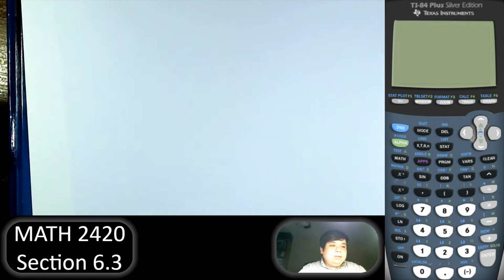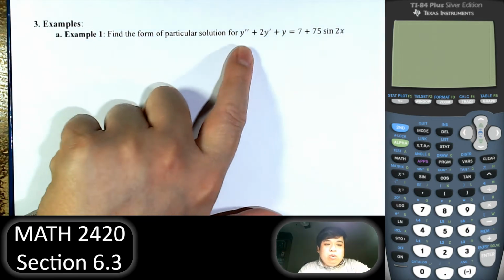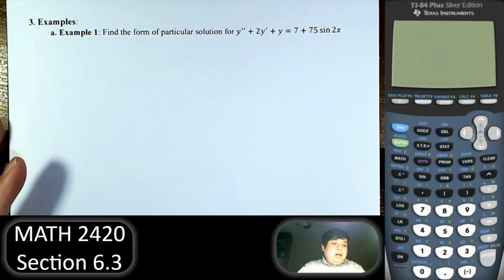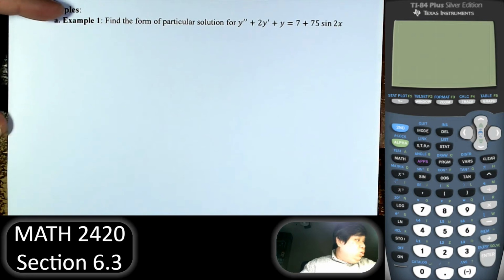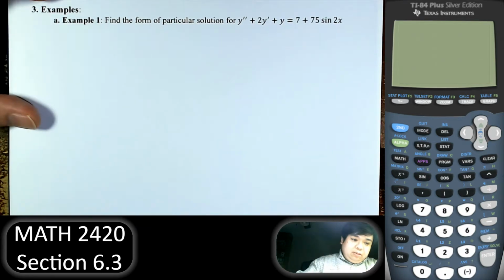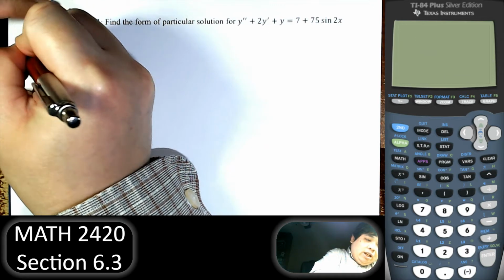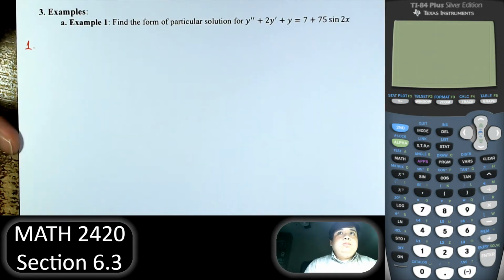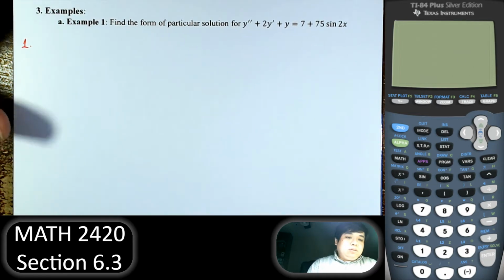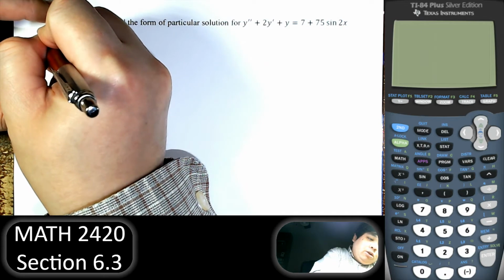Now, find the form of the particular solution to this non-homogeneous equation. So the first part, of course, is finding the complementary solution. I try to write small. I don't know how much space we need here. So first, the complementary solution.